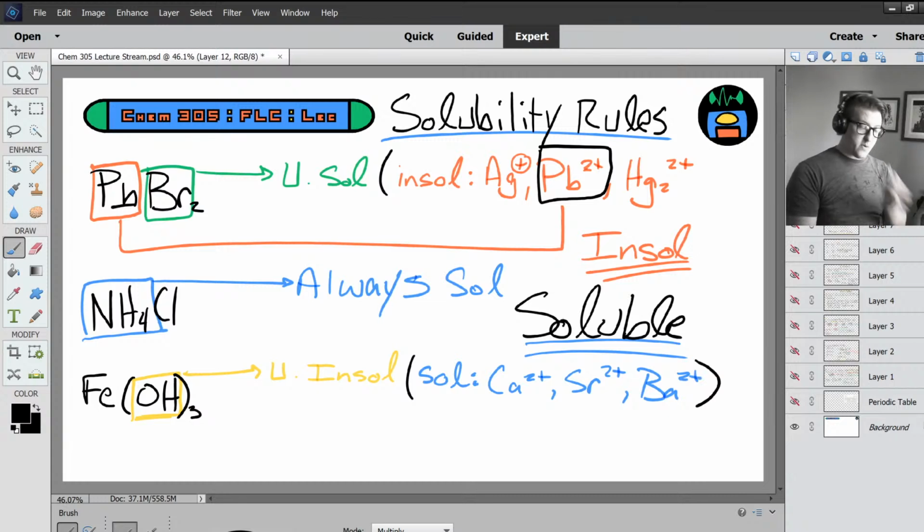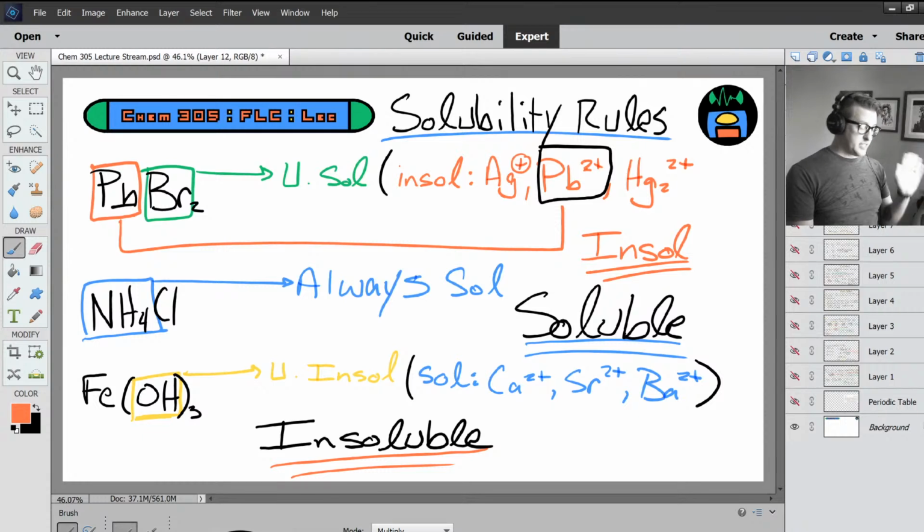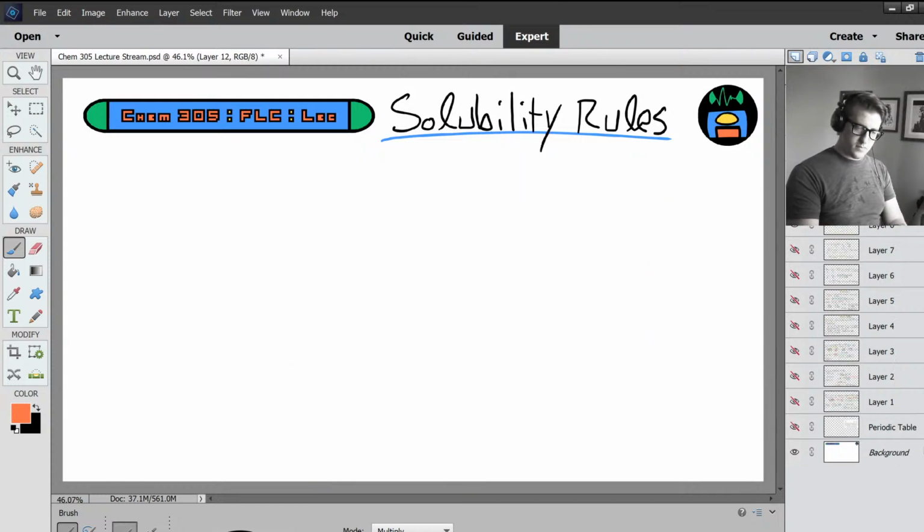The answer is no. That means, since iron is not calcium, strontium, or barium, because we have a hydroxide, this compound will be insoluble. It will not dissolve in water. Because hydroxide is usually insoluble, and iron 3 is not on its exceptions list. All right, let's do a couple more.